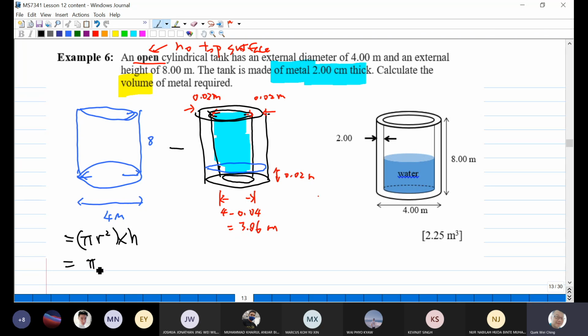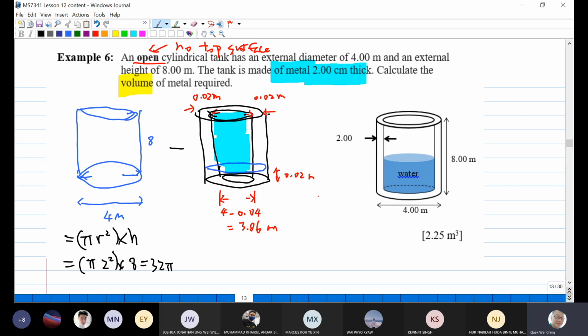So pi times 2 squared here. D is 4, so r is 2 now. The height is 8 here. So this one is 4 pi times 8, 32 pi. Okay, so this is the volume of the whole cylinder.